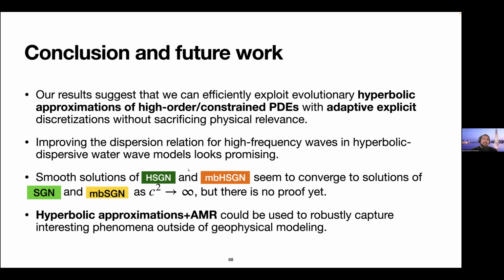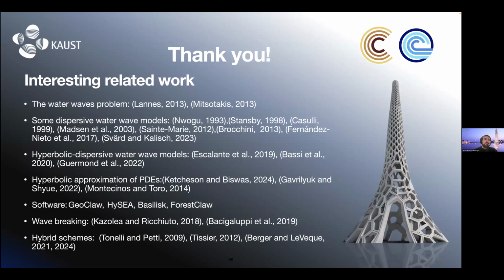Something that I didn't mention in this talk is improving the dispersion relation. This is something that we are interested in. We have not seen much work on this regarding hyperbolic dispersive models. And we are using this type of techniques for other systems, for instance, nonlinear Schrodinger in 2 and 3 dimensions, and the results look promising. So with that, I would like to thank you for your attention.